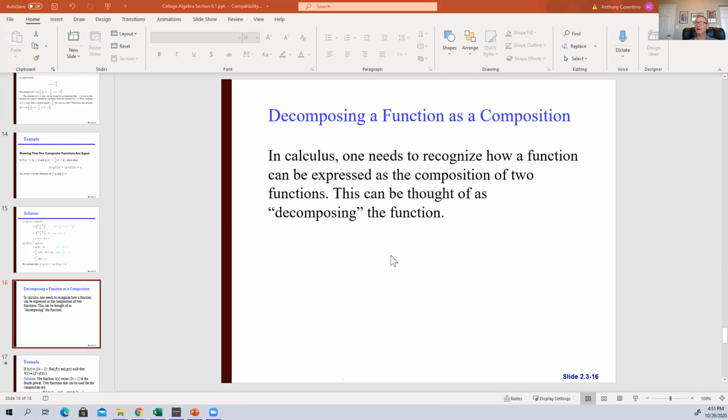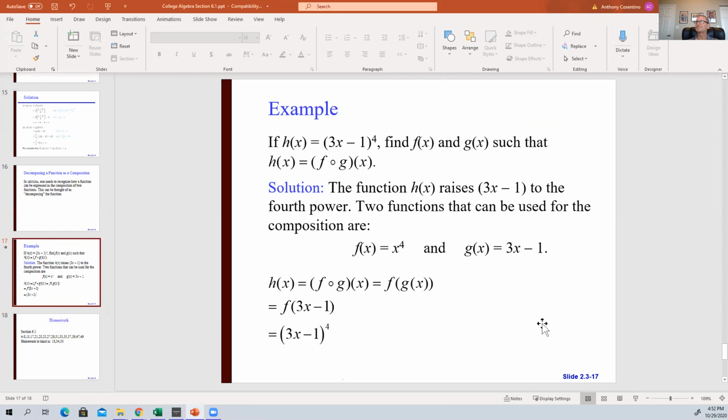What you're trying to do is make a complicated function into two simpler functions that you compose together. Idea of composition. And here's a good example.